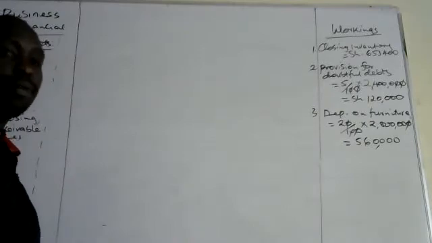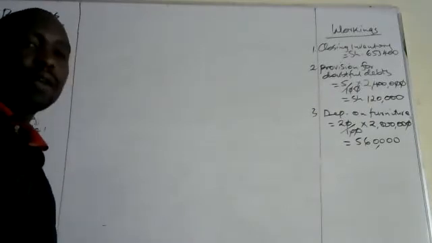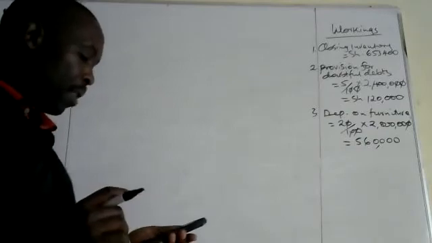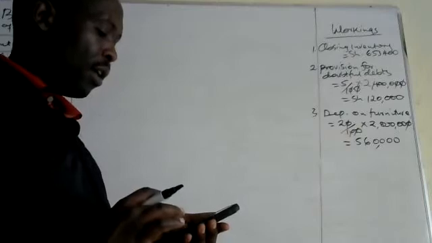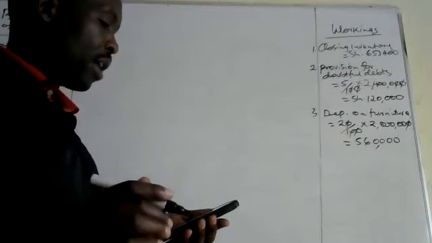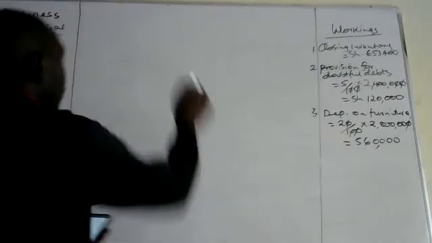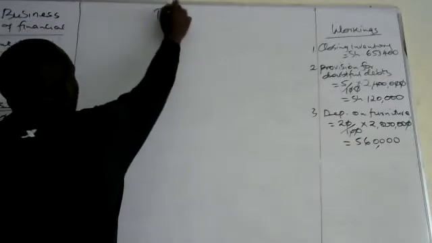Then from there now, we can prepare the statements that we are required to prepare here. The first one is an income statement for the year ended 1st December 2017. You'll come here, capture the name of the business, Teller Enterprises.